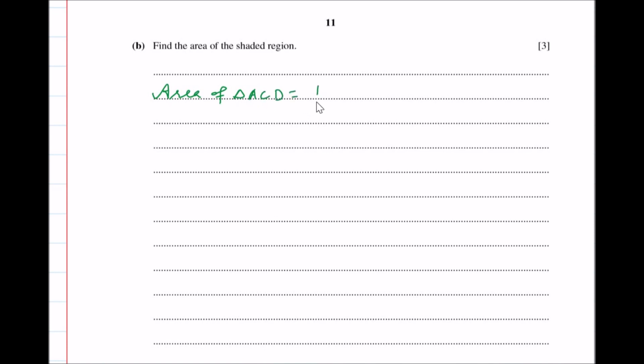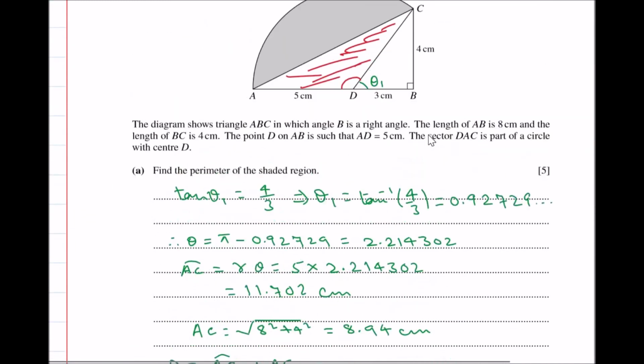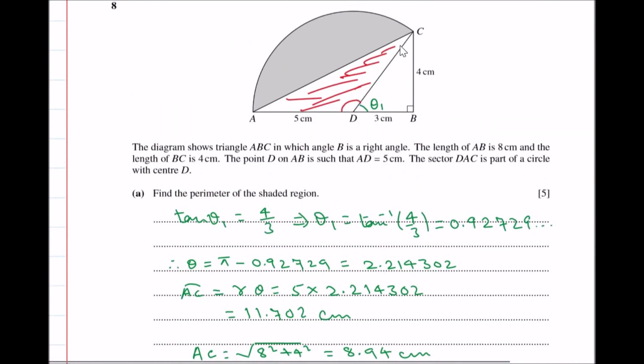Half into 8 into 4 minus half into 4 into 3. Why is it so? Half into 8 into 4. What we are doing?